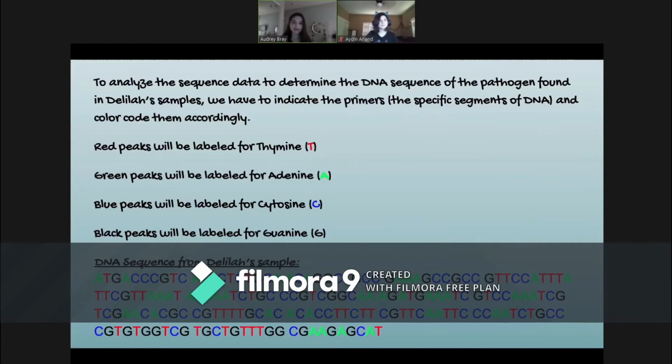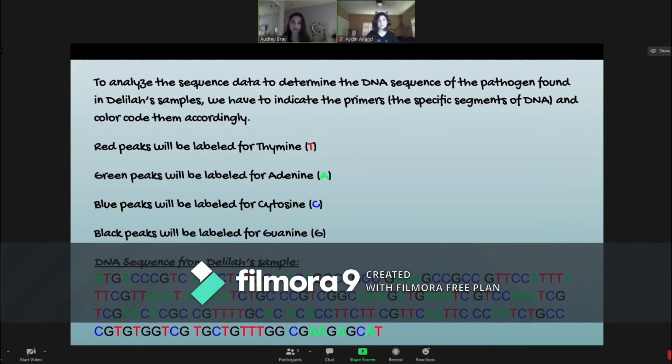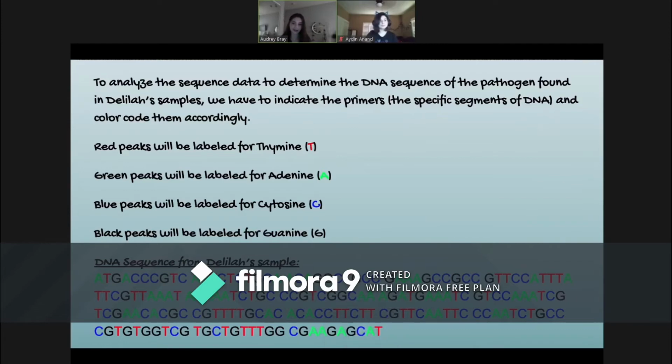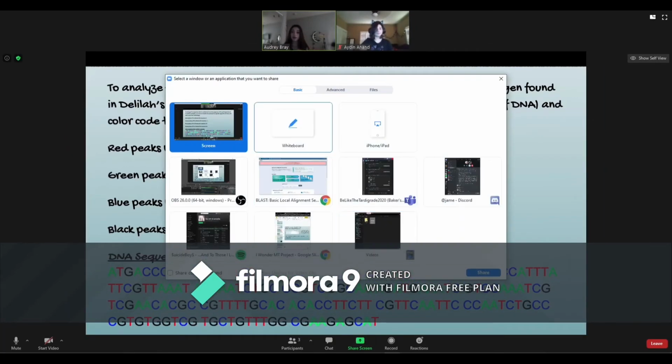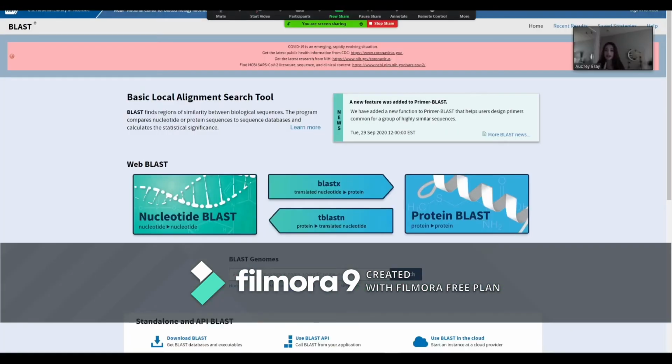That's how scientists get ample amounts of those DNA sequences so that they can find the base pairs. So yes, it could totally be used as an independent variable in the experiment if we were doing this in the lab. We could then compare it to sequences of pathogens and diseases, and that's what we did with Delilah.